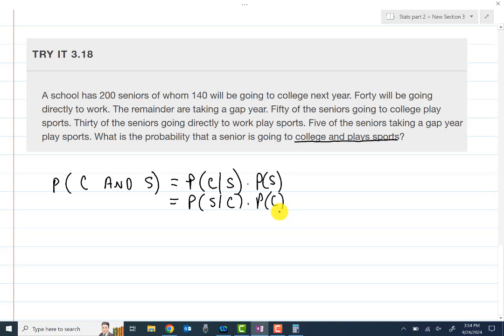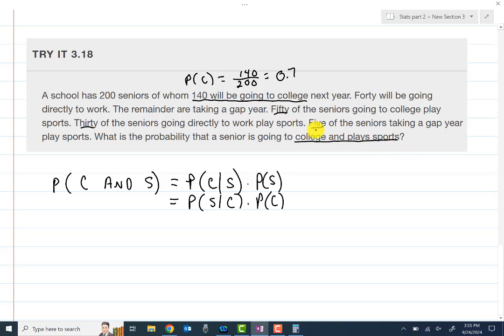So here we just want to find out which ones we have. I got P of S and P of C. Let me see, where is this? We have 140 will be going to college. So 140 out of 200, that's the probability of going to college. So I'm going to write it as a decimal, 0.7. Then the probability that they're going to play sports in and of itself, 50 of the college-bound seniors are going to play sports. 30 of the seniors that play sports are going to work.